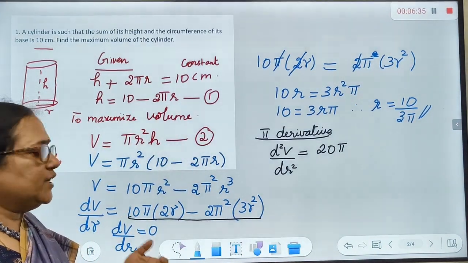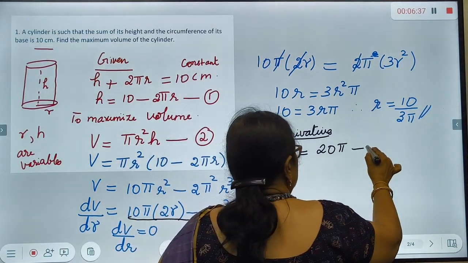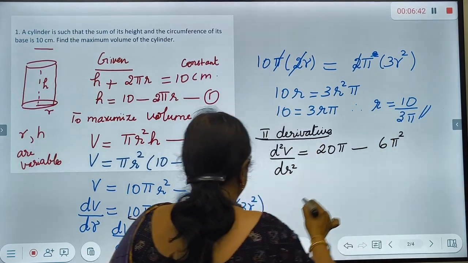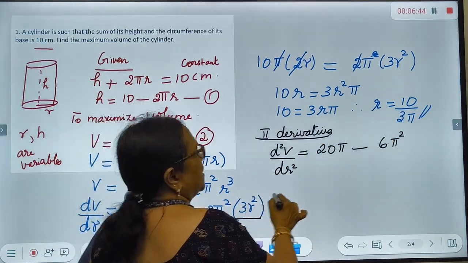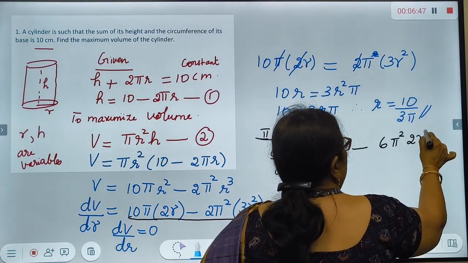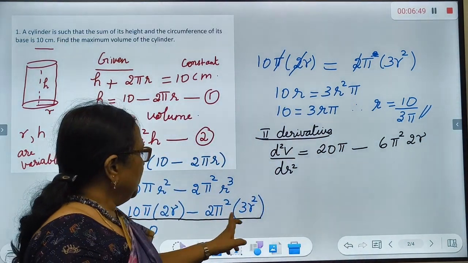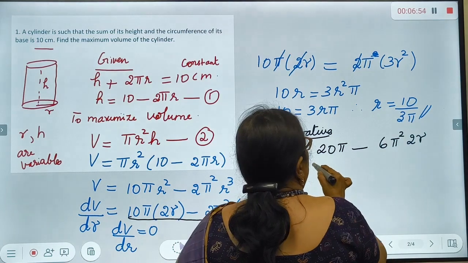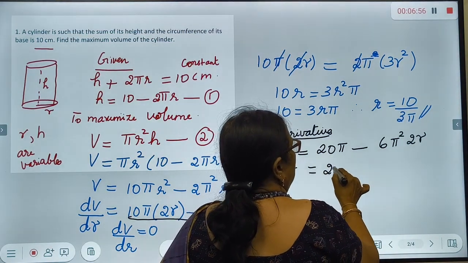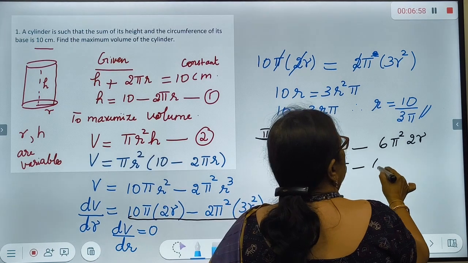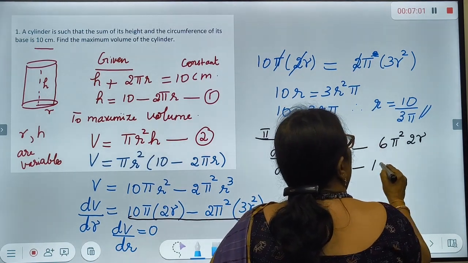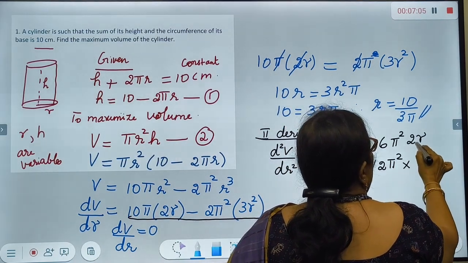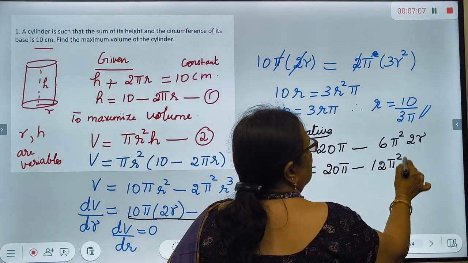So if I differentiate that, what will I get? 20 pi minus 6 pi square is a constant. When I differentiate r square, I will get 2r. 2 into 3, 6 pi square, into 2r, so 12 pi square into r.